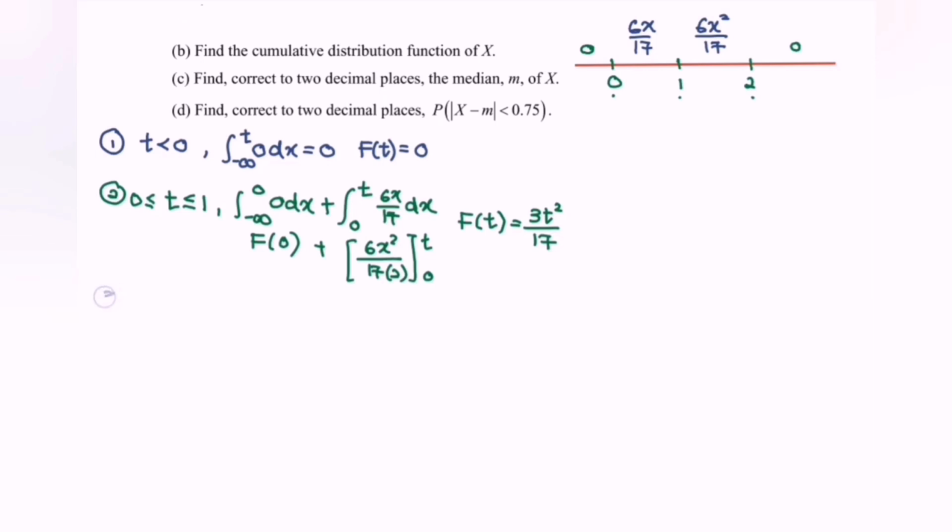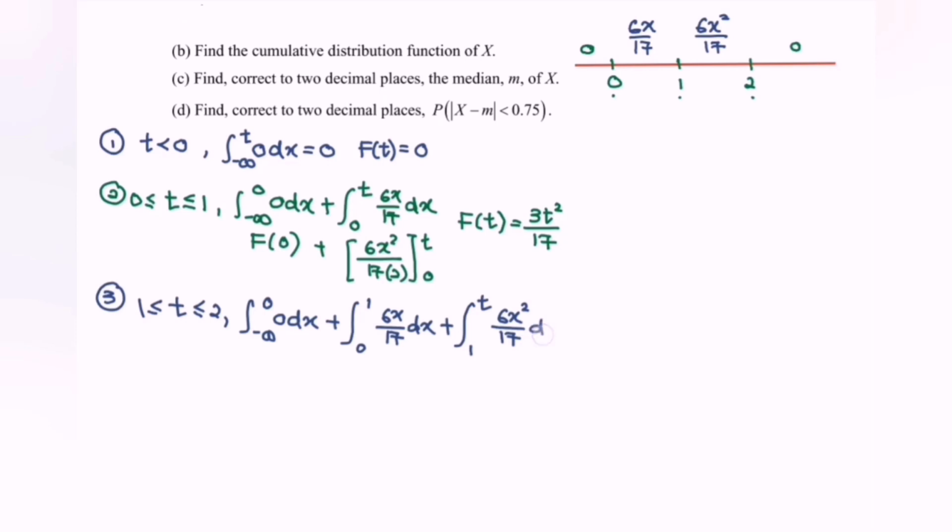Next, number 3. For the domain t greater than or equal to 1 and less than or equal to 2, integrate from negative infinity until 0 for the function 0 dx, plus integrate from 0 until 1 for the function 6x over 17 dx, plus integrate from 1 until t for the function 6x squared over 17 dx.